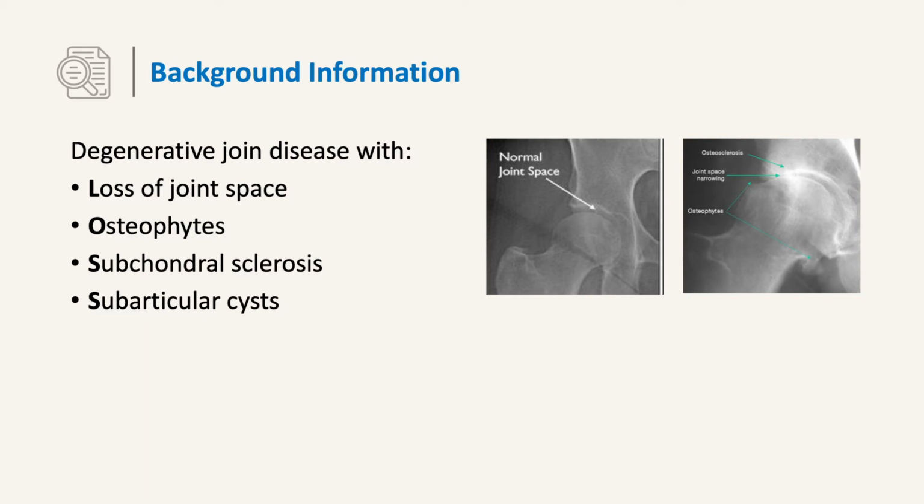As in many parts of the body, bone usually responds to irritation and damage by creating more bone, and this happens at the edges of the articular surfaces and can be seen as osteophytes.